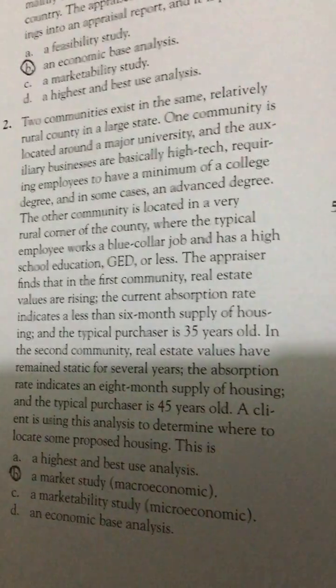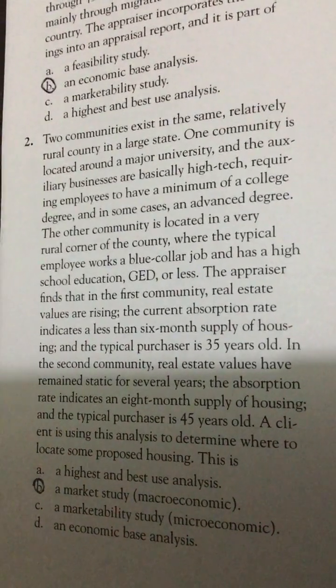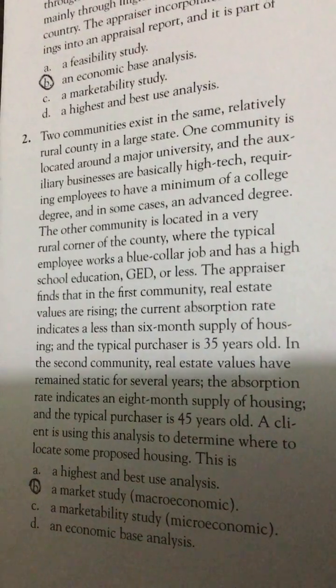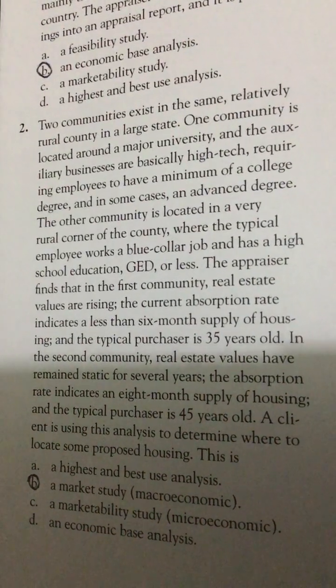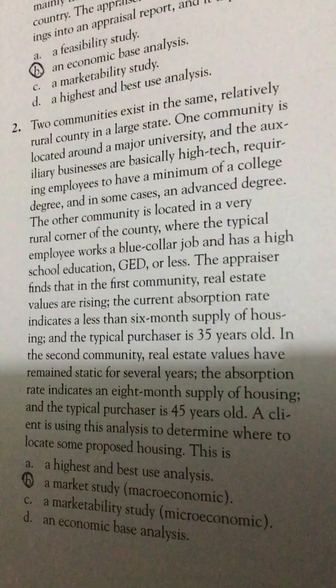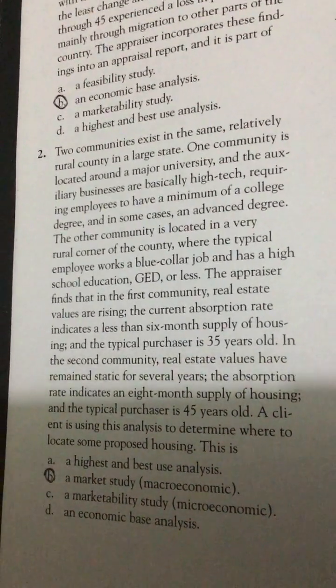In the second community, real estate values have remained static for several years. The absorption rate indicates an 8-month supply of housing, and the typical purchaser is 45 years old.